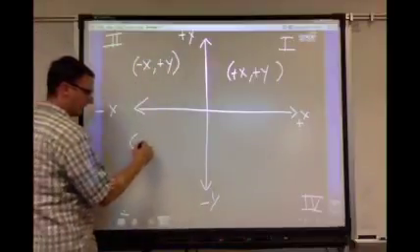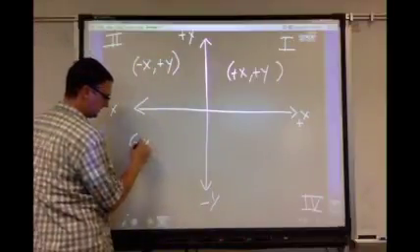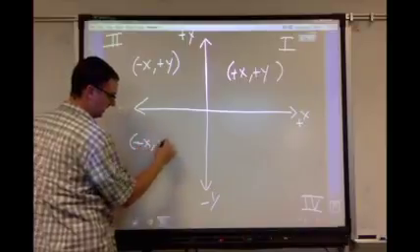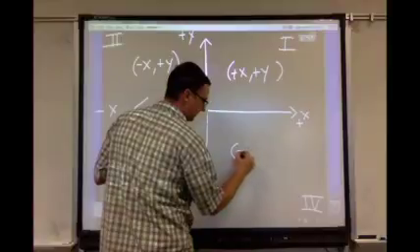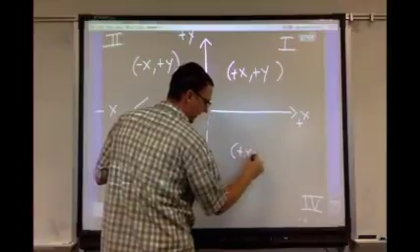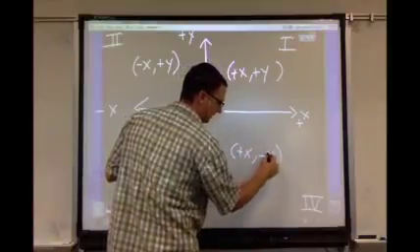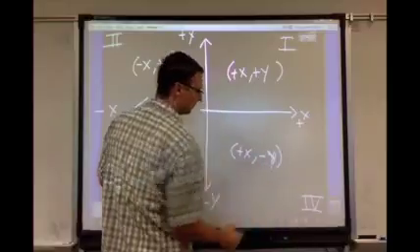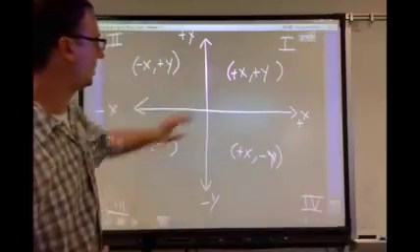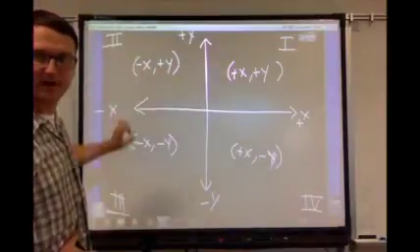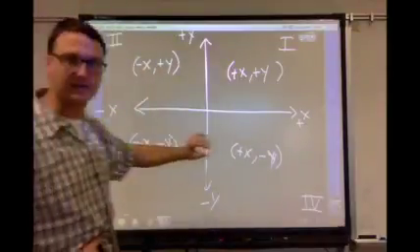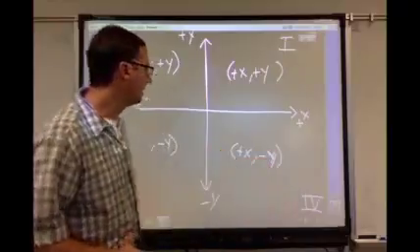Over here we have negative x, negative y, and last but not least, positive x, negative y. Okay, so positive x, positive y, negative x, positive y, negative x, negative y, and then positive x, negative y.